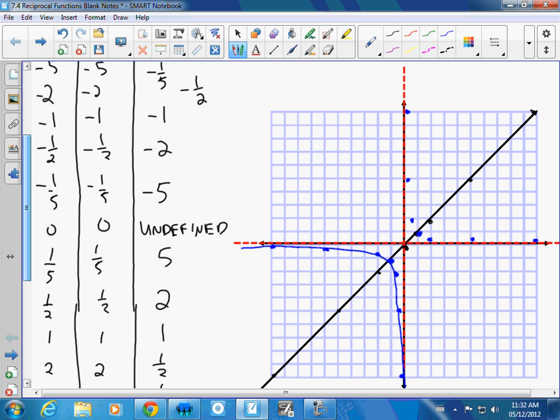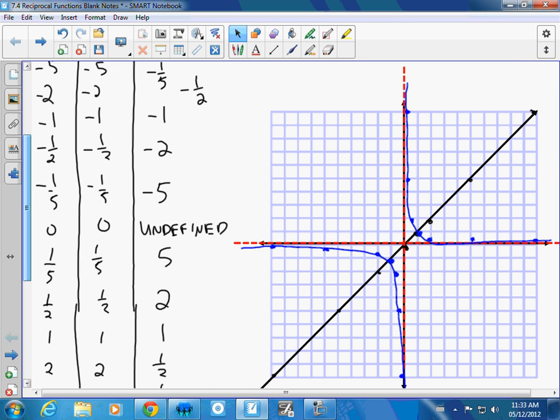It doesn't touch. I'm just a little off on my drawing. Okay? What about quadrant 1? Same thing, right? My graph's off.